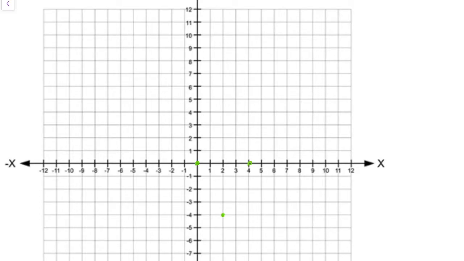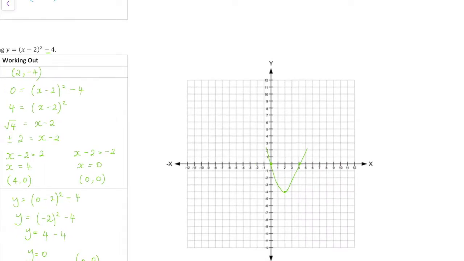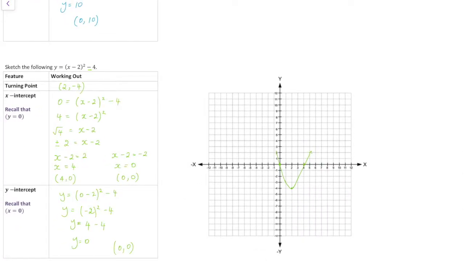So now if we go to sketch this, we will end up with a quadratic that's going to hopefully look as parabolic as possible. So there's our parabola there.